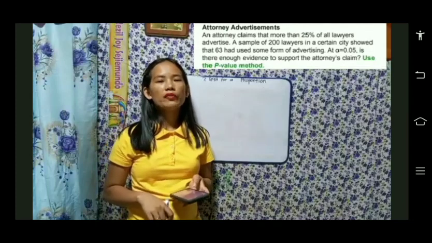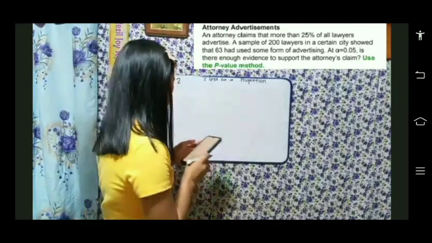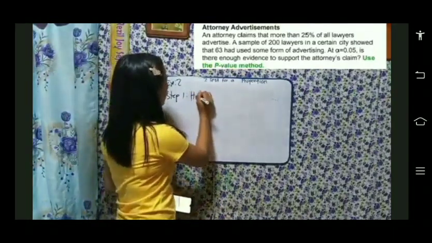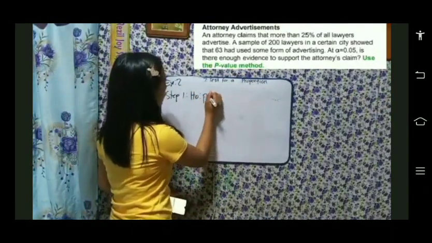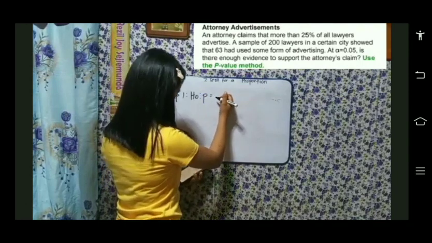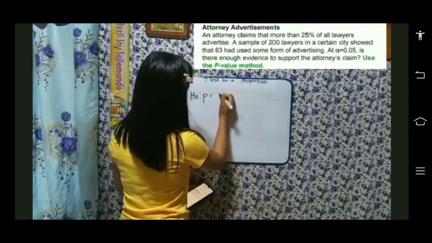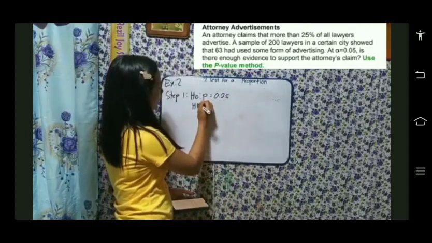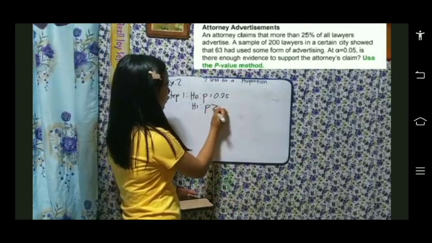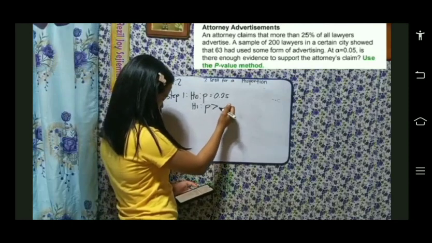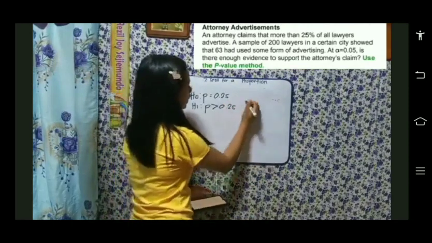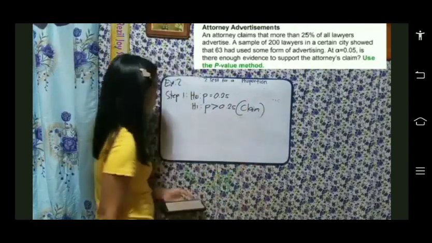Use the p-value method. Step 1 is to state the hypotheses and find the claim. Null hypothesis: p equals 0.25, and the alternative hypothesis is p greater than 0.25, and this is the claim.